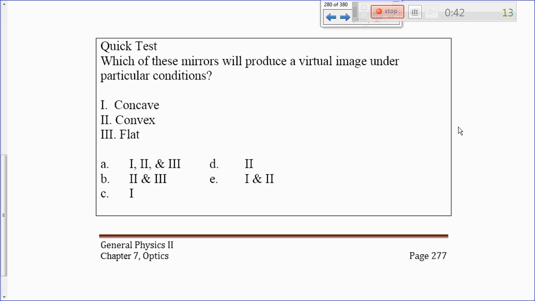Under a set of conditions, it's possible to produce a virtual image. All right, a few more seconds. I'll stop at 1:30.